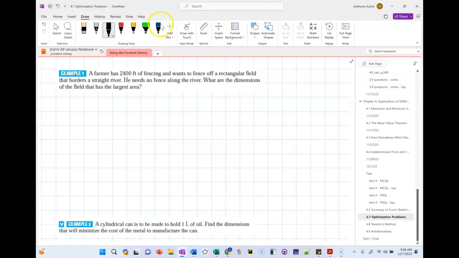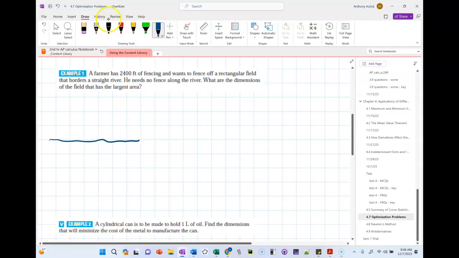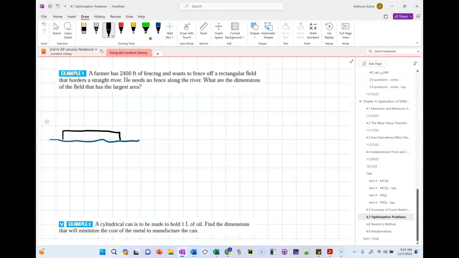When I'm drawing my picture, here's my river, I might start by drawing some hypotheticals. Maybe I have a field that looks like this, where that's 100 and 100 and 2,200. That's a possible field.